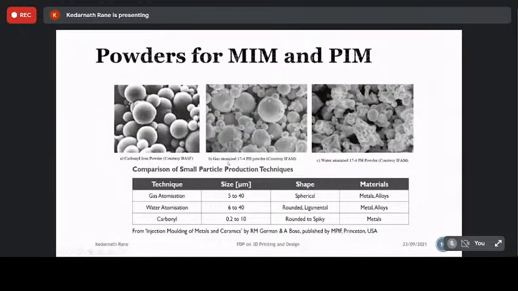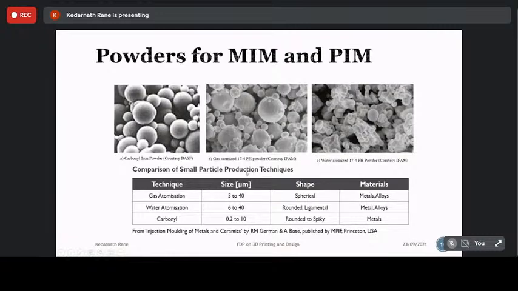When it is gas atomized, you can see a bimodal particle distribution: one is bigger particles and another is smaller particles. The third category is water atomized powder, where you can see some agglomeration because of the process itself, which is 17-4 PH steel powder.